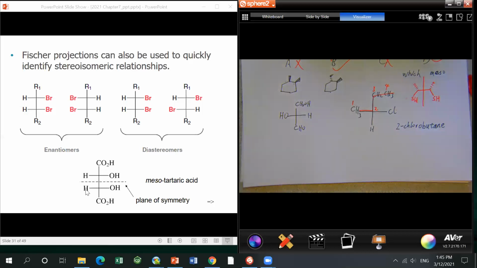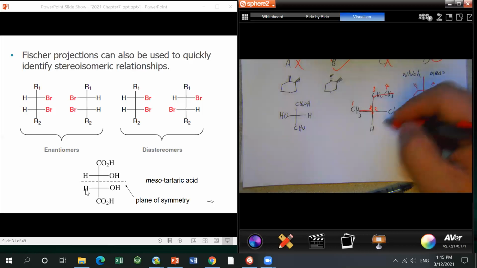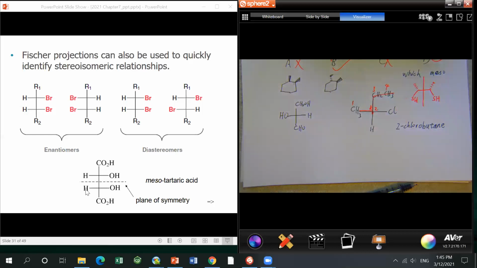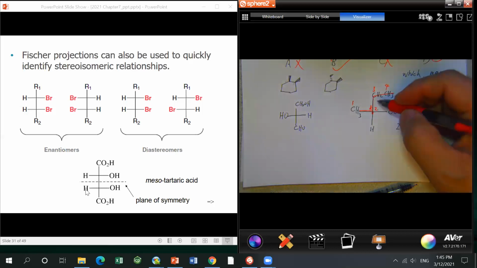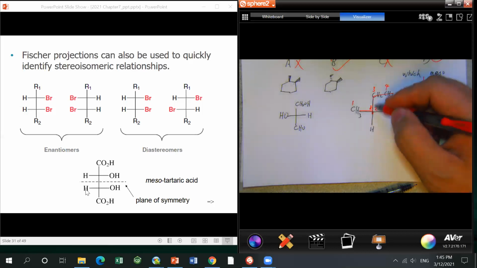This is not done yet, because there is one stereocenter, also called a chiral center, with four different attachments. So now we need to assign R and S. Keep in mind that the horizontal bonds point towards you and the vertical bonds point away from you.